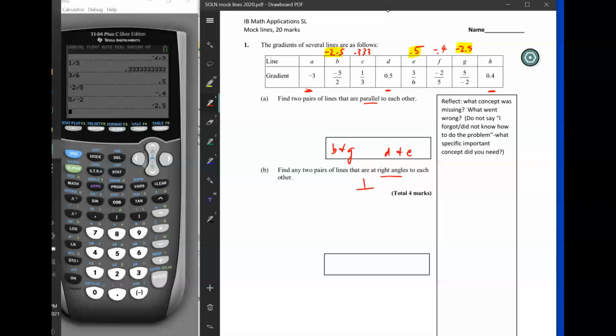For example, if you look at A and C, you might see that, oh, this one's negative 3 over 1, this one's 1 over 3, those are upside down, and they are negative values, so they must be perpendicular, okay?